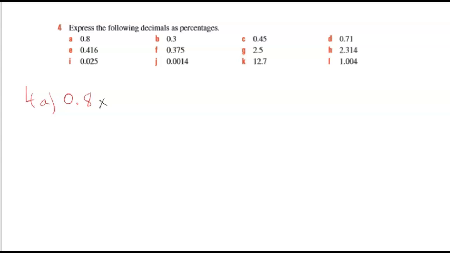So 0.8 times 100. When we multiply by 100, we're going to move the decimal place 2 spots. So I had 0.8, moving it 2 spots, 1, and add in a 0. So it goes here now. So it's going to be 80%.